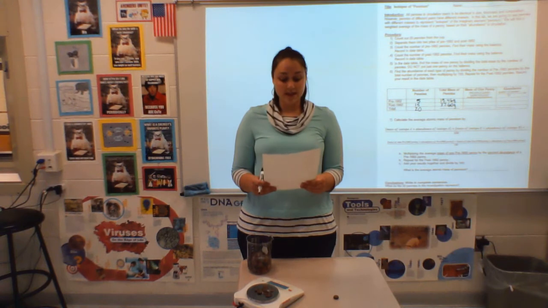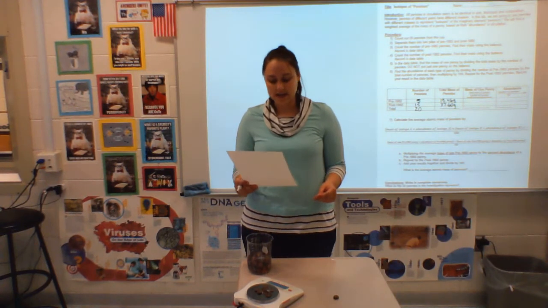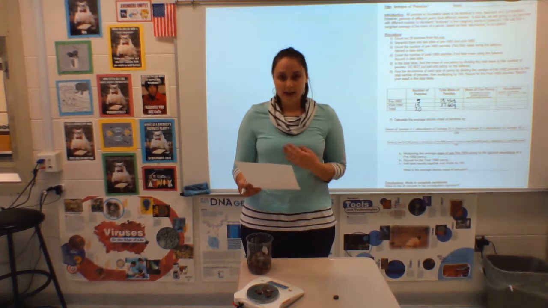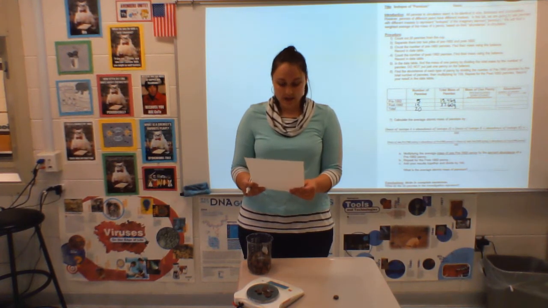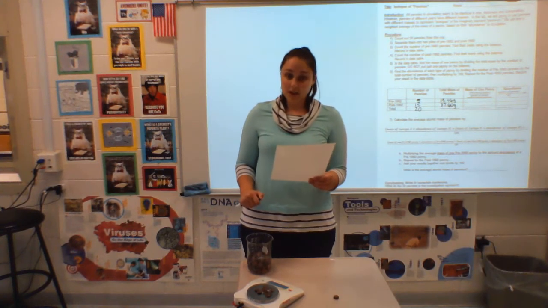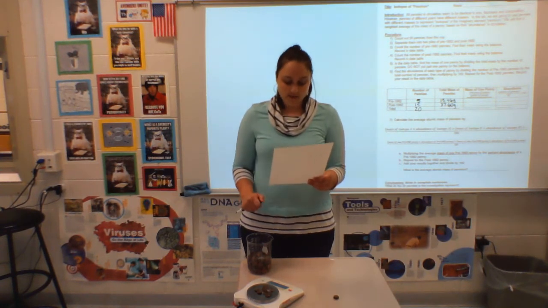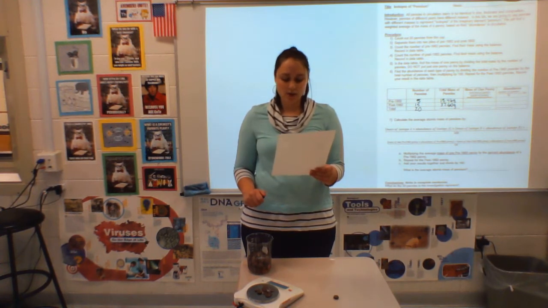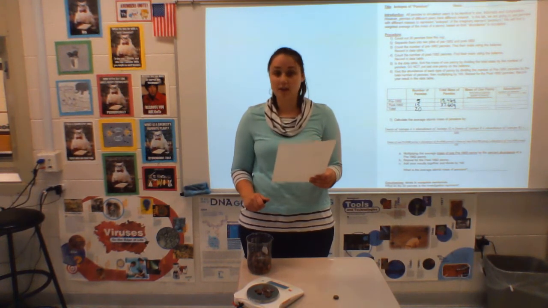The next thing you're going to do is to calculate the average atomic mass of pennium. You may show your work on scratch paper, though I am going to require that you just let me know what your average atomic mass of pennium was. To figure that out, you'll multiply the average mass of just one pre-1982 penny by the percent abundance of the pre-1982 pennies.